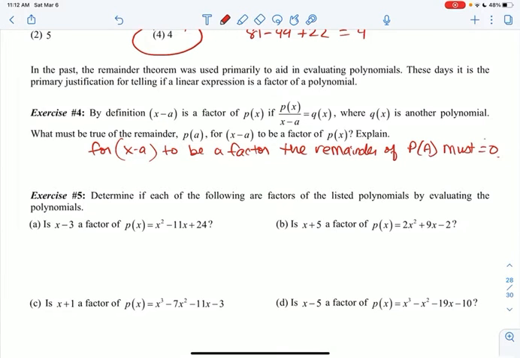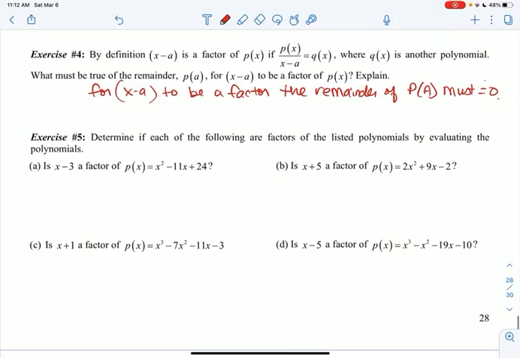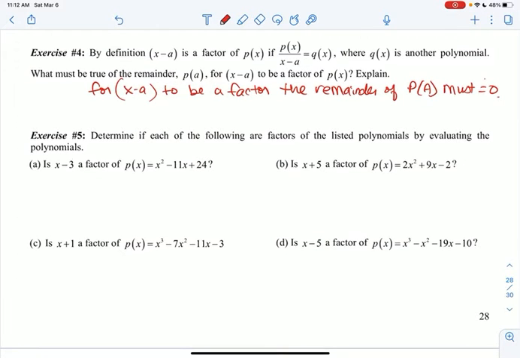All right, so let's determine in exercise 5 if each of the following are factors of the listed polynomials by evaluating the polynomials. So is x minus 3 a factor? Well, I'm going to have to evaluate 3. Remember, I'm doing the opposite signs. So 3 squared minus 11 times 3 plus 24.